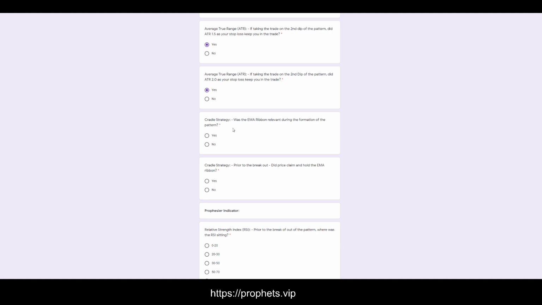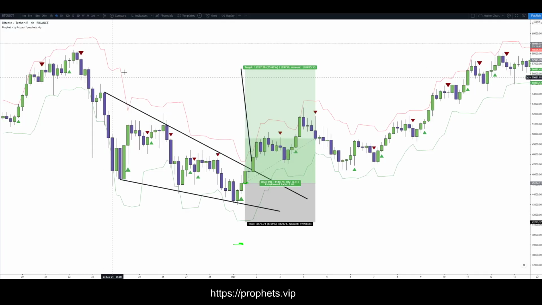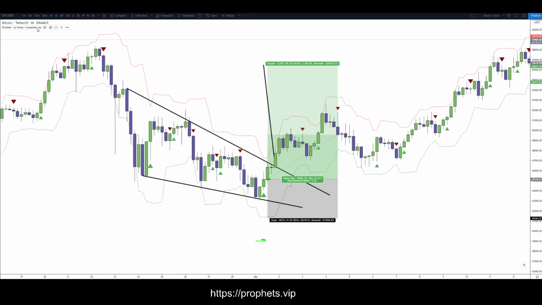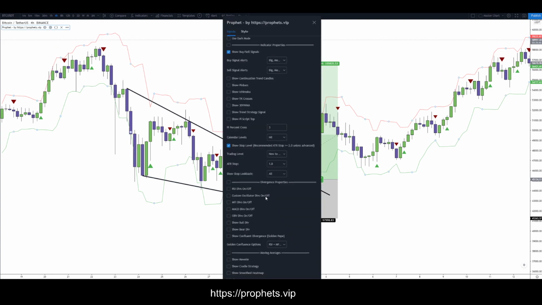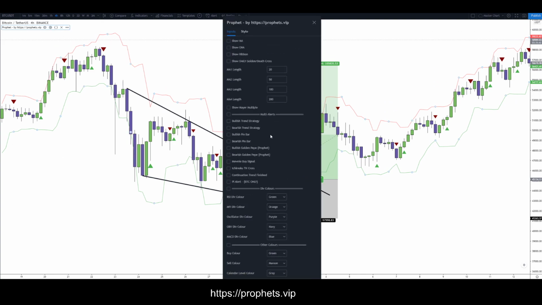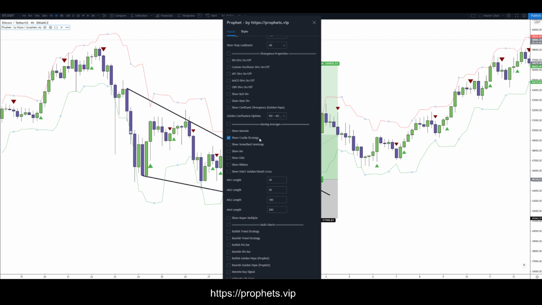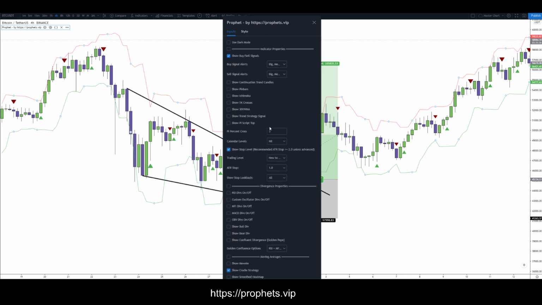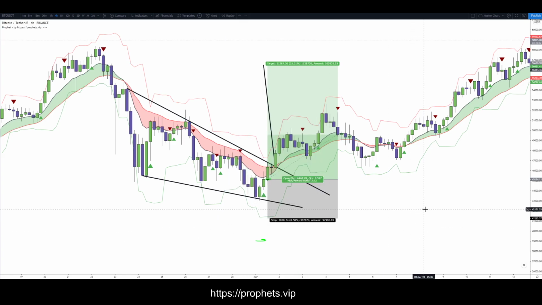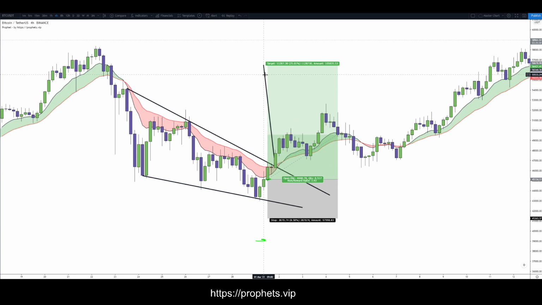The Cradle Strategy, was the EMA ribbon relevant during the formation of this? So let's go into this and go down to, where are we hiding? There we go. The Cradle Strategy, turn that on. It's going to turn off the ATR and the buy signals. Cool.